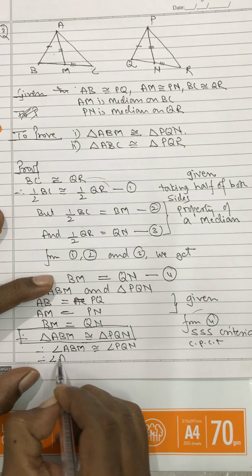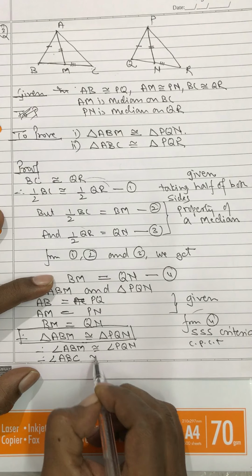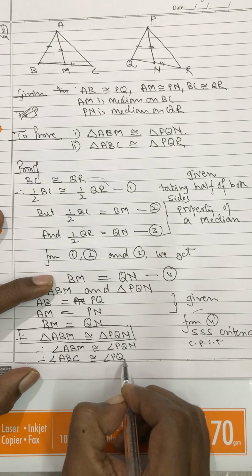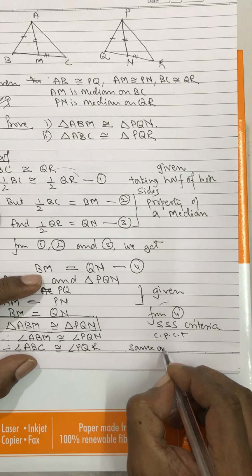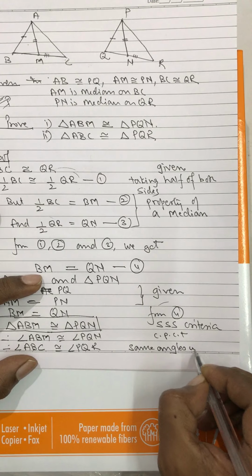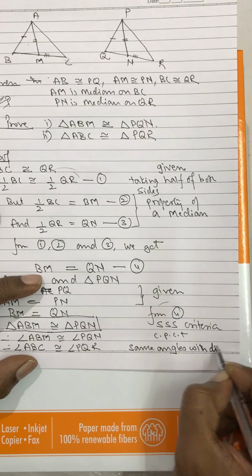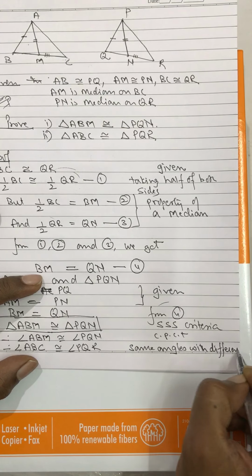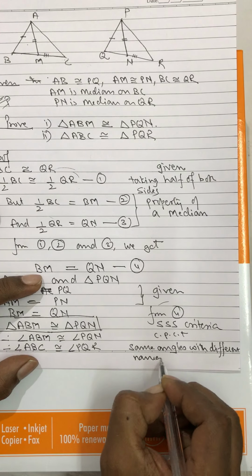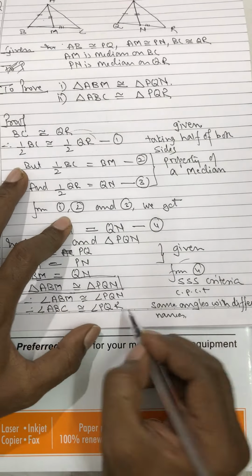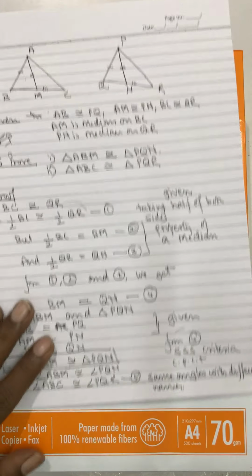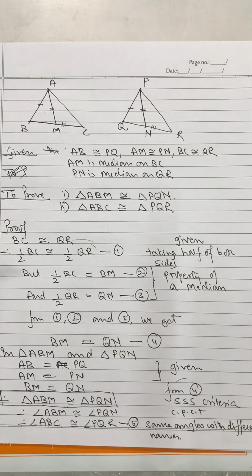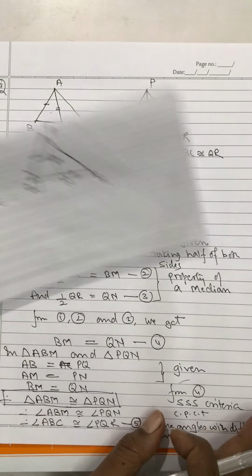Therefore angle ABC is congruent to angle PQR, because they are the same angles with different names. And this is going to be my fifth point. So this is how ABC congruent to PQR is ready, and now I am ready to prove the other two triangles congruent also.